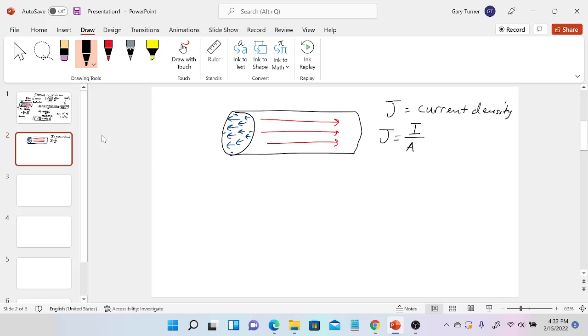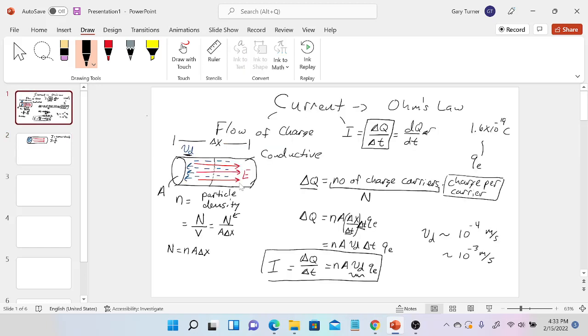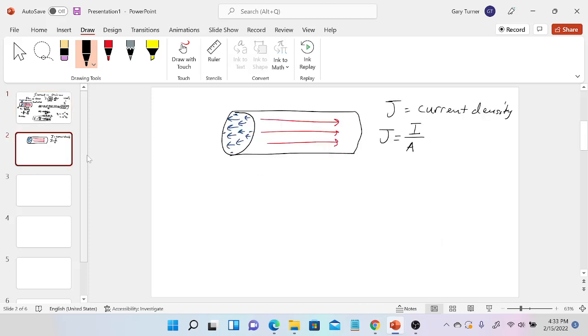But from the previous slide, we know that current is equal to N times A times the drift velocity times Q. And so if I take that expression and divide that by A, this becomes N times V_D times Q.